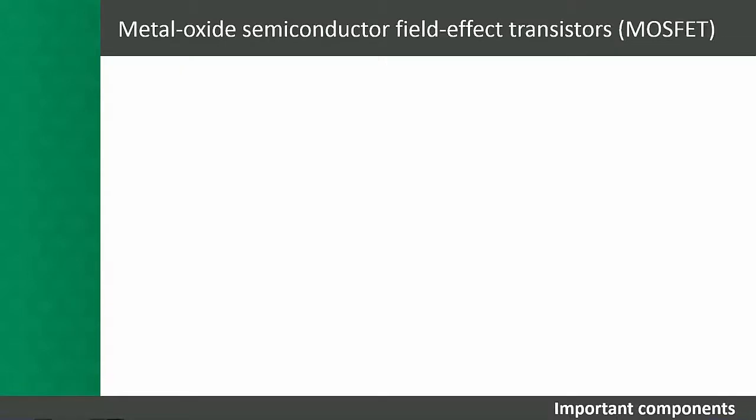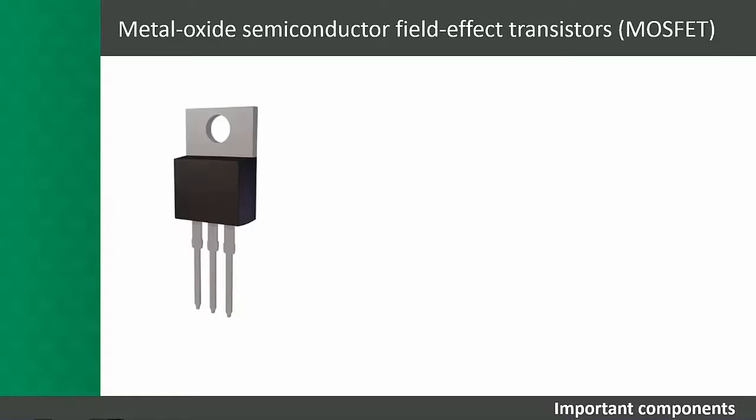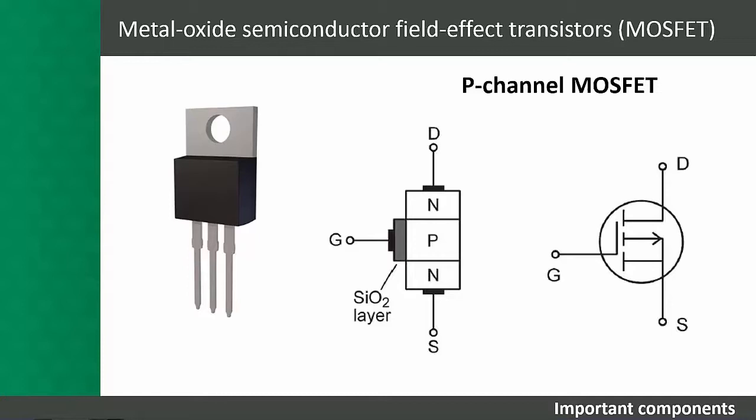There is another type of field effect transistor available, where the gate input is electrically insulated from the main current carrying channel. These transistors are known as insulated gate field effect transistors. The most common type of insulated gate FET, which is used in many different types of electronic circuits, is called the metal oxide semiconductor field effect transistor, or MOSFET for short.